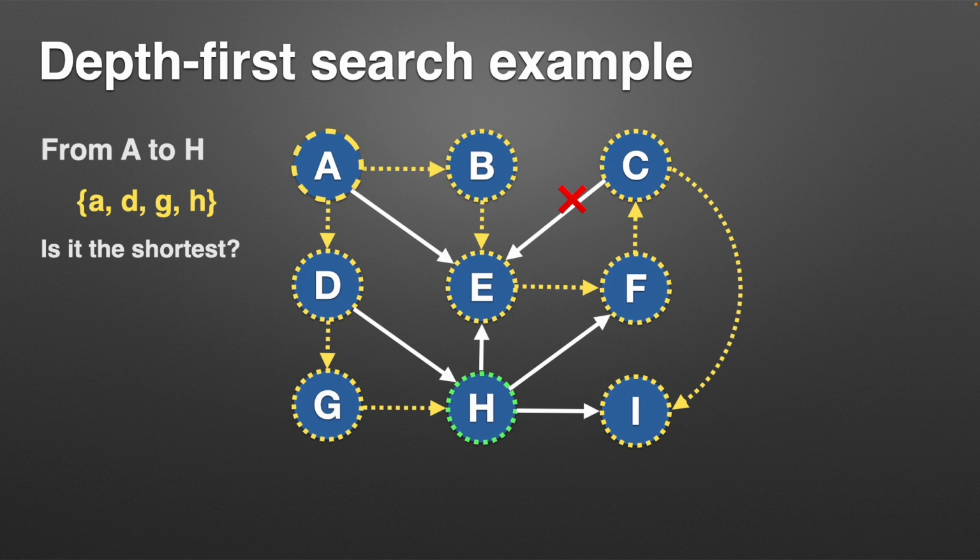No. Is it the shortest path? No. So with the depth first search, you can find a path. There's no guarantee that it will be the only path or that it will be the shortest path. It will be a path. So you could continue to run your search to find a better path, maybe.